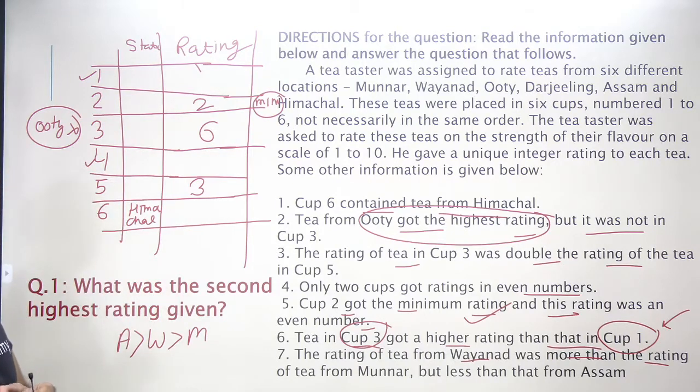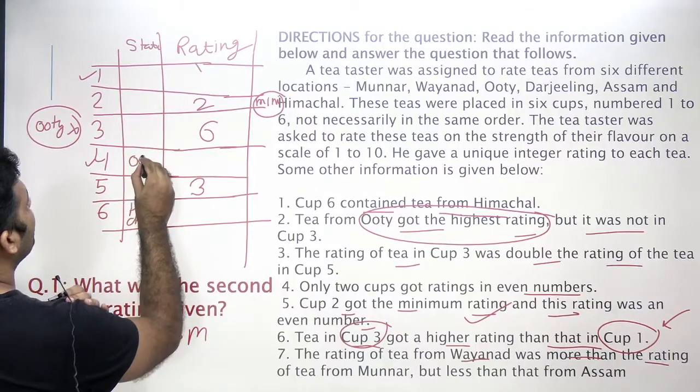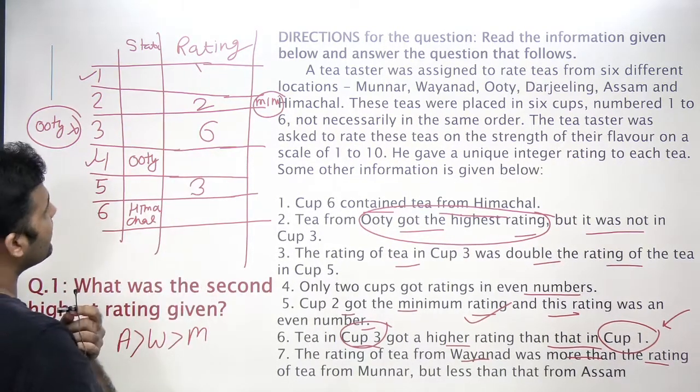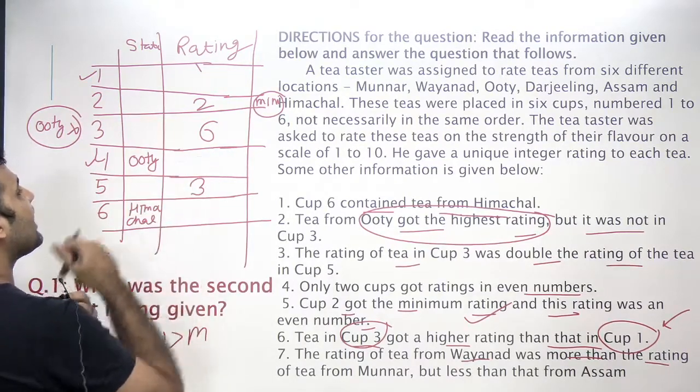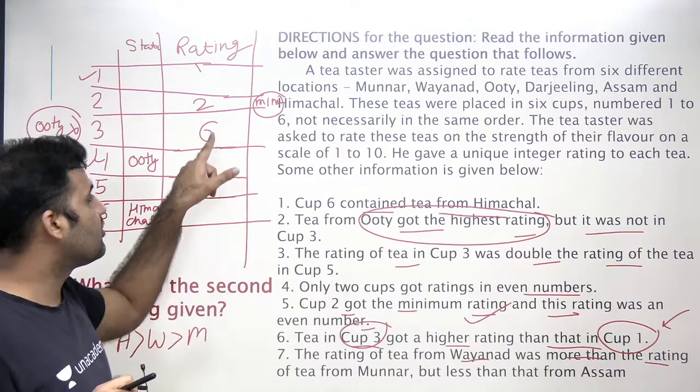So therefore Ooty can come only at one place, and that place is cup number 4. So Ooty will come over here. This has to be the highest rating. Okay, what will be that highest rating? It has to be an odd number and it has to be more than 6.